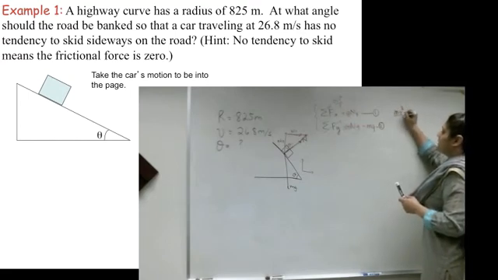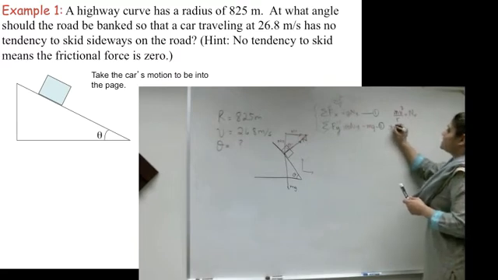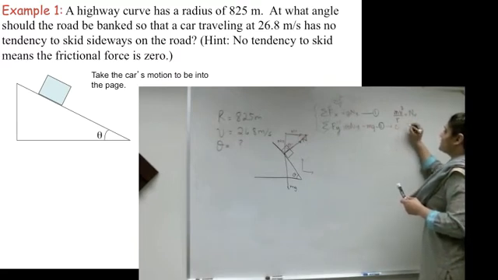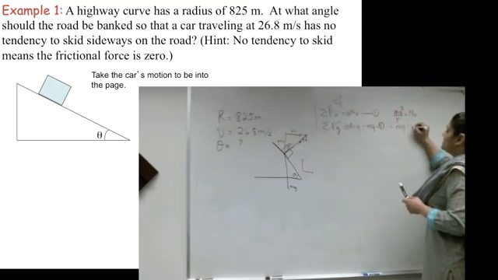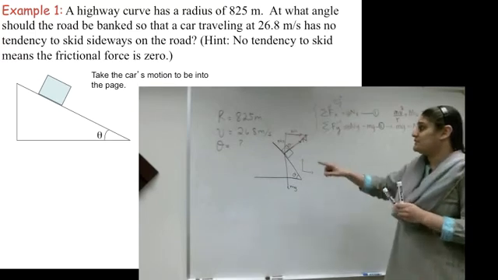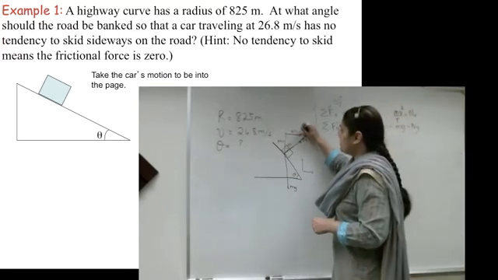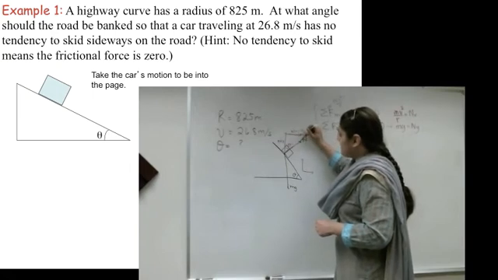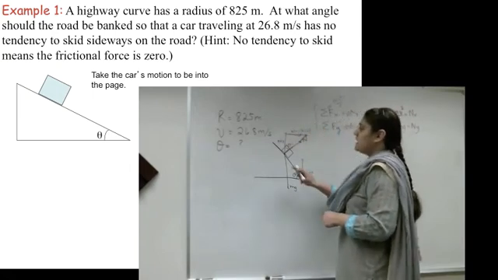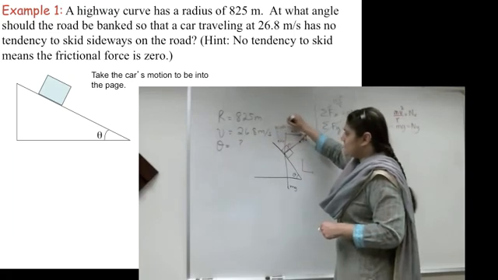Okay? So equation 1 can now be reduced down to mv squared over r equals nx, and equation 2 can be reduced down to mg equals ny. Now nx, if you look very carefully, is actually equal to your normal force times sine of theta, and ny is actually equal to your normal force times cosine of theta.